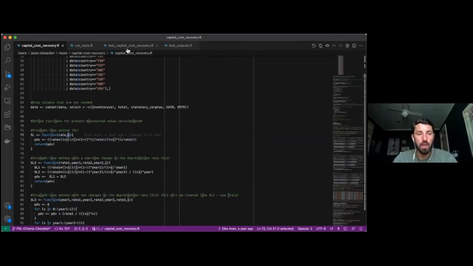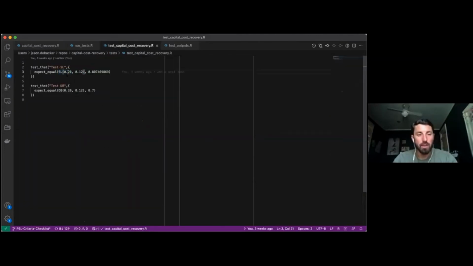When I test that function, I'm passing it those two arguments, specific values for each, just as it's defined in capital cost recovery.R, the script we're writing the unit test for.